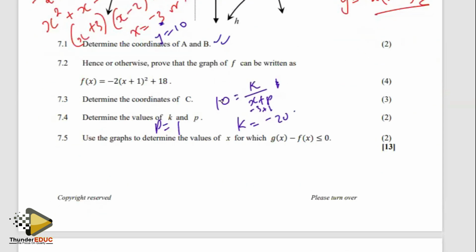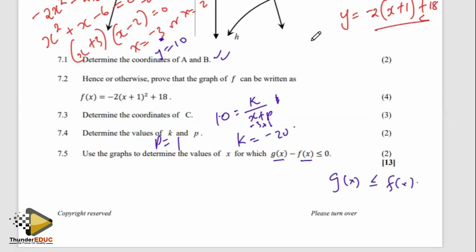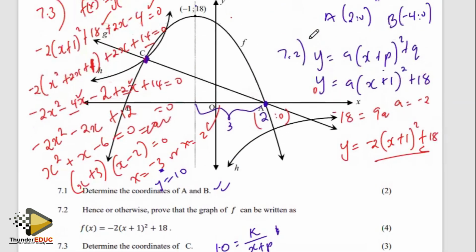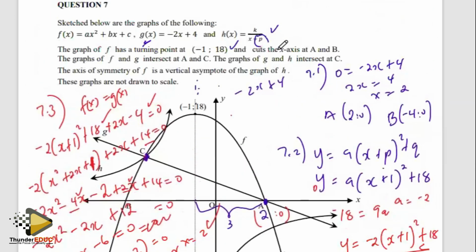Okay, then use the graphs to determine the values of x for which g of x is less or equal to f of x. So where do we find g of x to be less or equal to f of x? So g is below f. G is below f. How many graphs are here? We have a whole lot of graphs, f, g, and h.